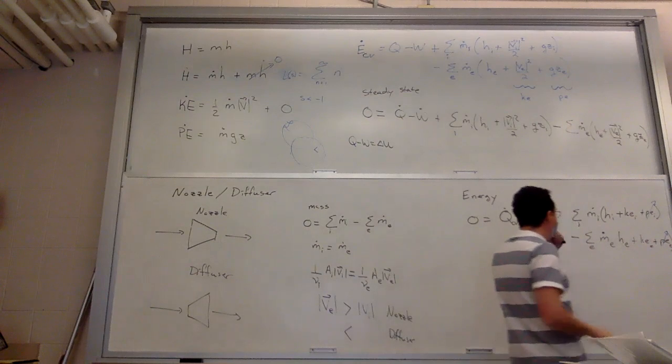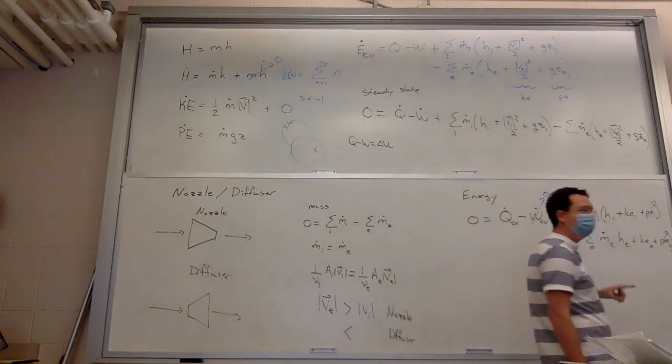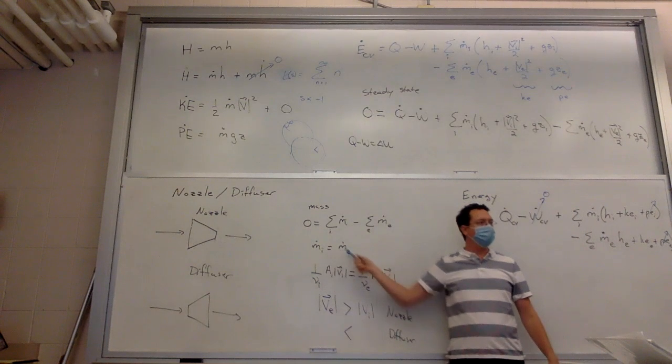And how many inputs do we have? How many outputs do we have? And now from this equation, I know that the mass flow rates have to be the same.